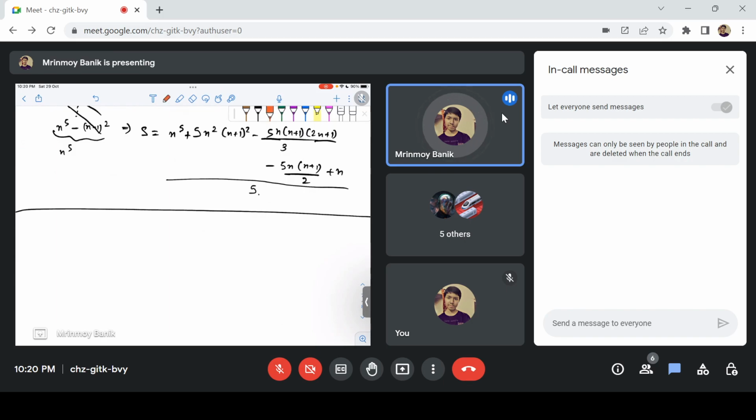So let's start with this one. Product of i runs from 3 to 100, i squared minus 1 by i squared minus 4. So what is this product?